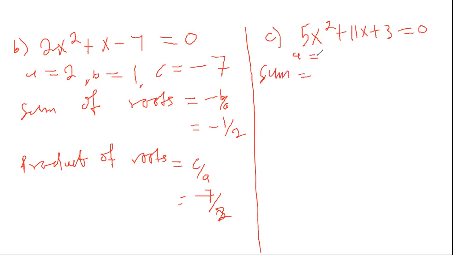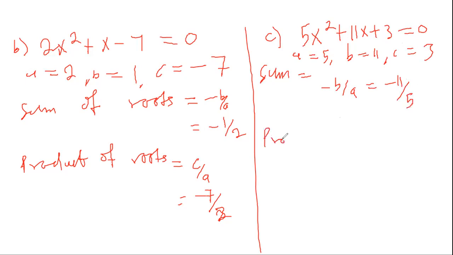So a is 5, b is 11, and c is 3. So sum of roots is equal to -b over a. So this would be -11 divided by 5.